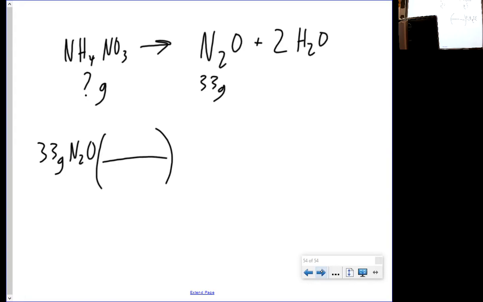N2O. And what do you want? You want NH4NO3. So do you have grams of the same thing? No. Those things are going to change. Okay. So I don't want grams of N2O, so I'm putting them on the bottom. I'm going to change that to grams of NH4NO3. Can't go straight from grams of this to grams of that. Grams to moles.